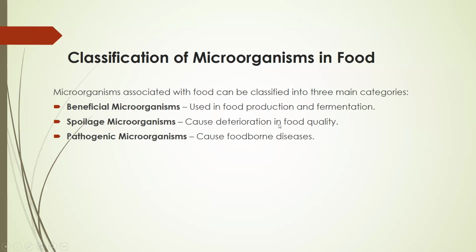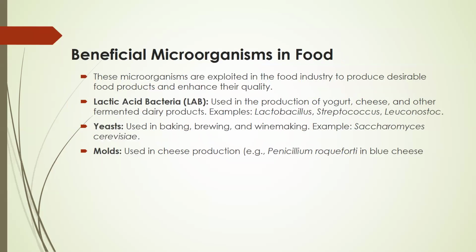Sometimes you have food and then the next day it's smelling. You can smell that it is getting sour. So the food is deteriorating, and it is being deteriorated by spoilage microorganisms. Then you have pathogenic microorganisms, those microorganisms in food that can cause foodborne diseases.